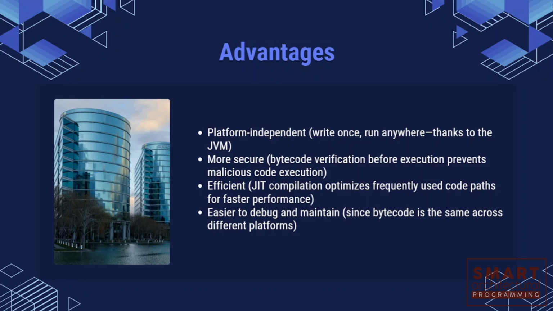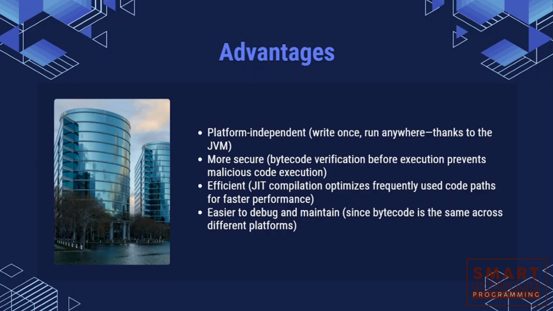Similarly, it makes your bytecode more secure. Bytecode verification before execution helps prevent malicious code execution and creating problems in your code base or in your operating system or computer itself. This approach also makes Java very efficient.